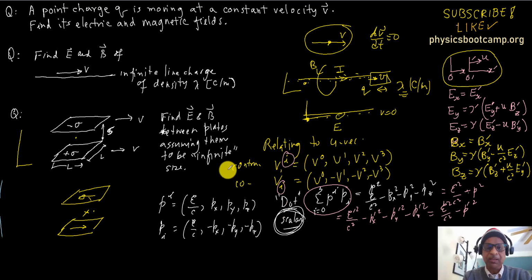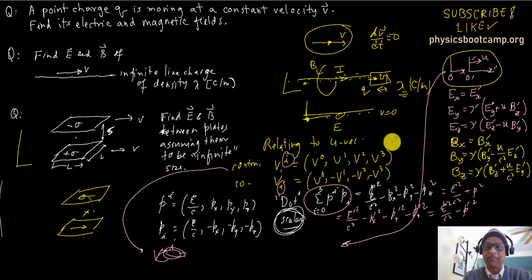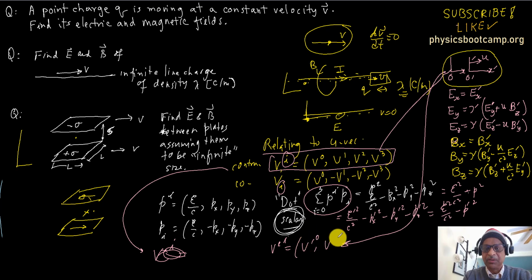So if I have a vector v in the unprimed frame, v in the other frame will be v prime 0, v prime 1, v prime 2, v prime 3. Now these primed components will be related to the unprimed ones.